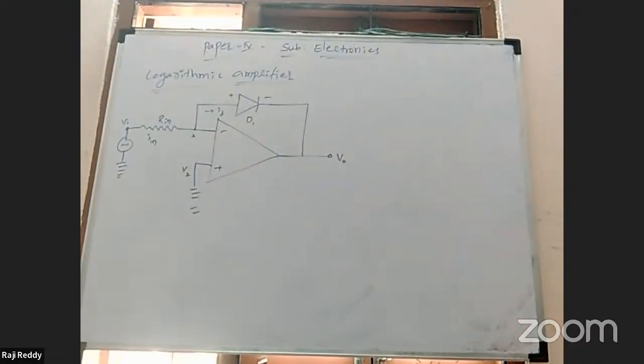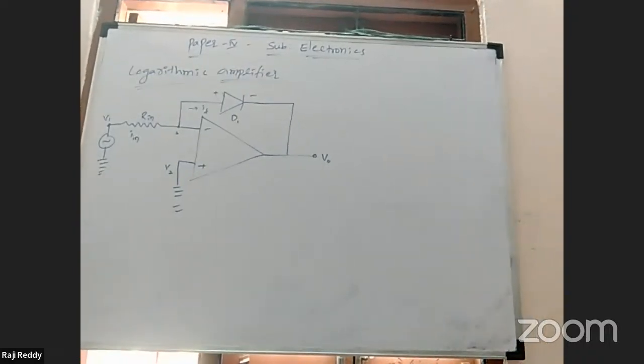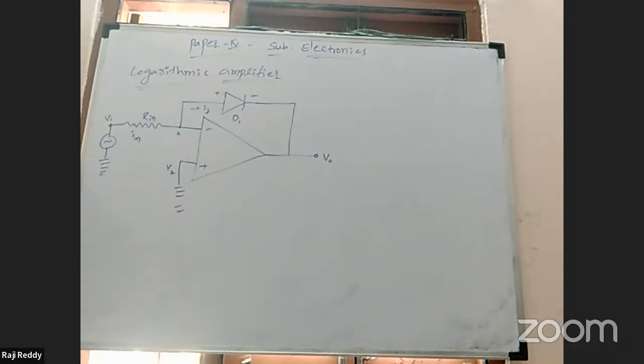Logarithmic amplifier with the help of an operational amplifier. We know, I think from degree level, the exponential current relationship across the diode, the voltage equation or current equation.